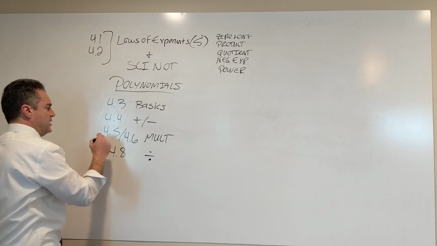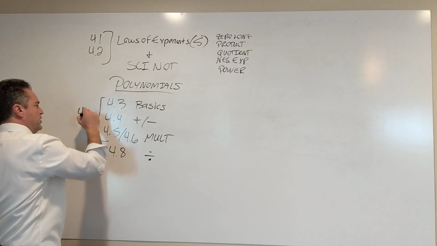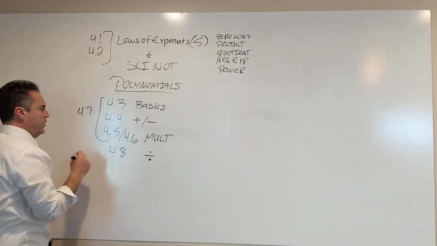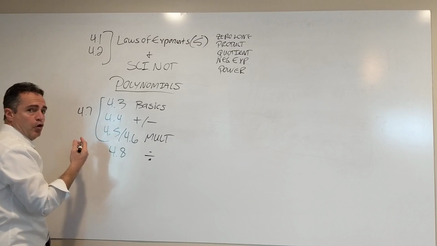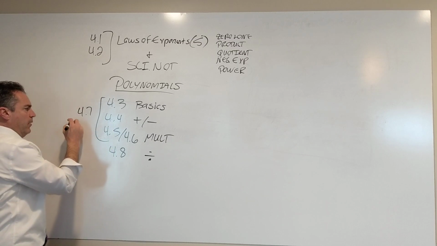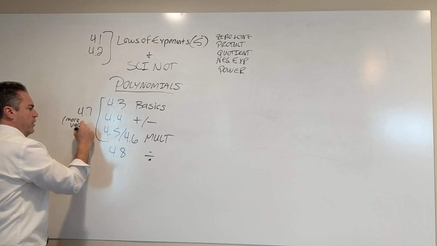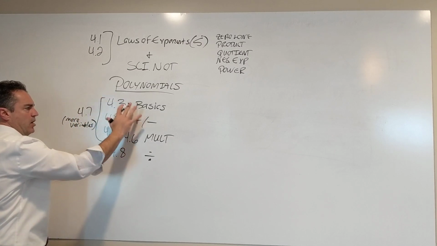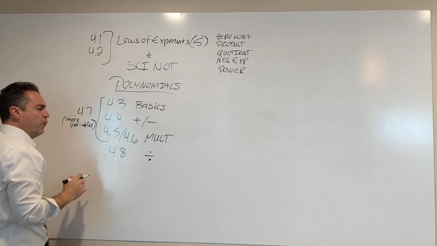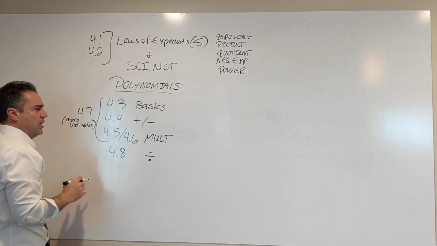So what about 4.7? If you remember, 4.7 was more of all of this stuff, but the terms in the polynomial were bigger. They had more variables. But it was the same exact concepts that you learned in 4.3, 4.4, 4.5, 4.6, and 4.8.